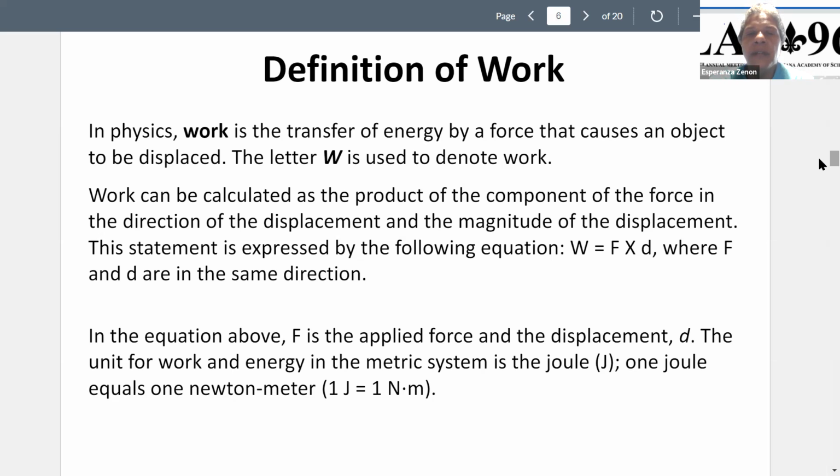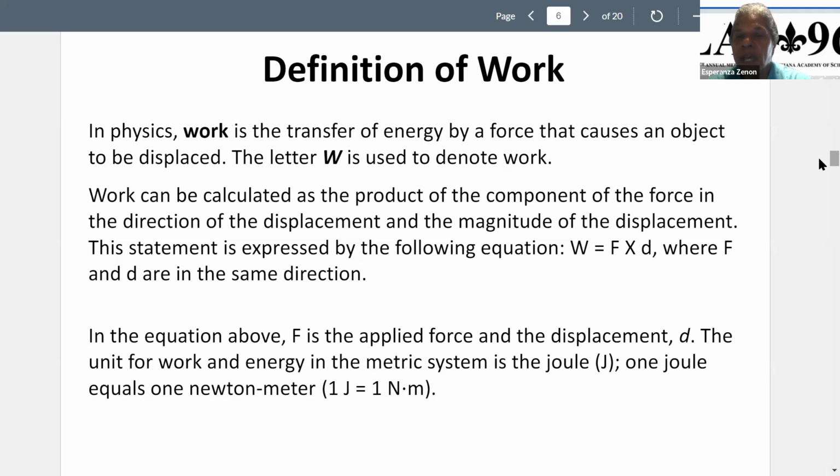And you might be thinking, how in the world do you apply a force and the object not move in the same direction? There are scenarios where you can be applying a force, you can have a displacement, and work is not done. Now we can look at this formula very easily.